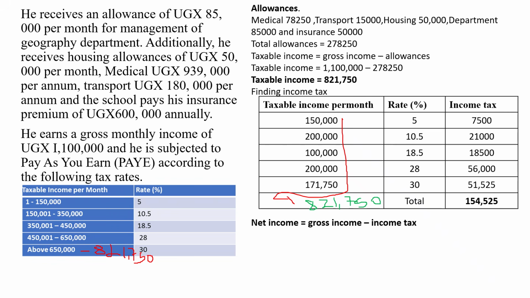Similarly, if someone was supposed to pay NSSF, they would have subtracted income tax, and again subtract the NSSF, so as to get the net income. So here we have our net income as 944,475. So that is our net income.